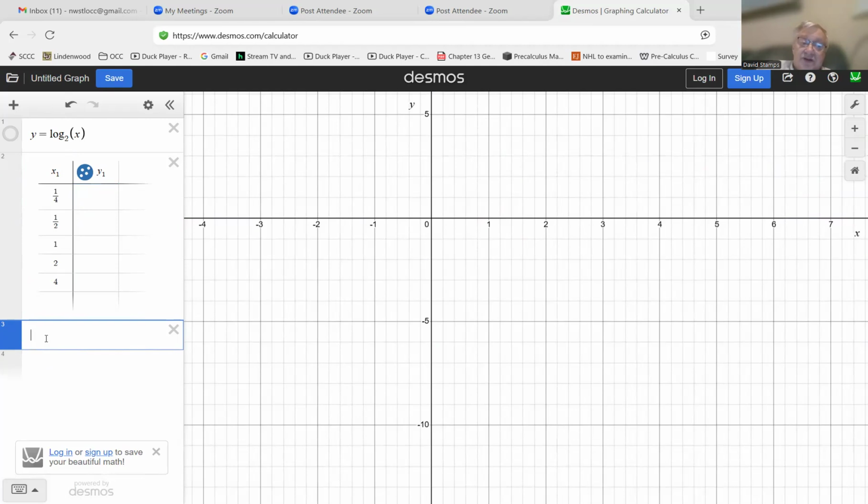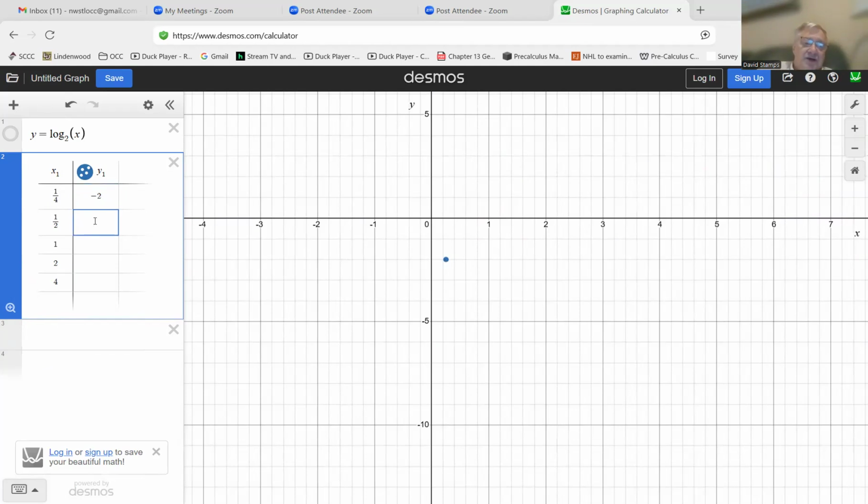So the answer is going to be -2. 2 raised to the -2 power is 1/4. And it actually shows that point, this is spaced nicely because this whole stretch here is from 0 to 1, so this is about 1/4.